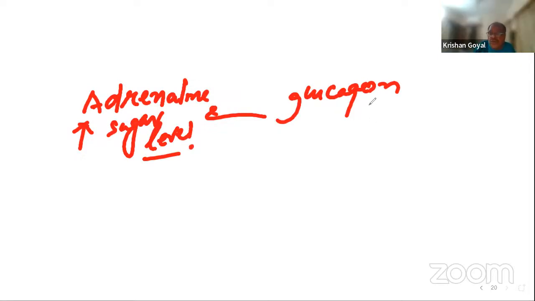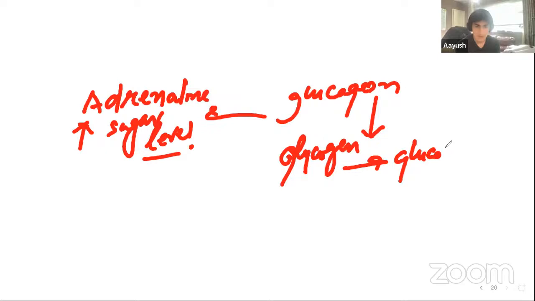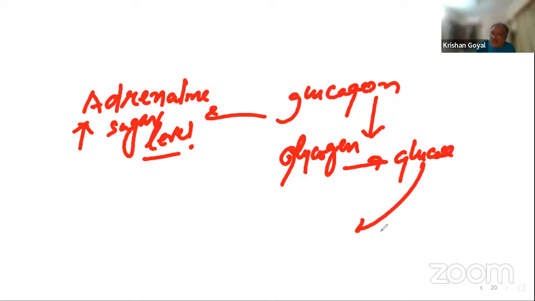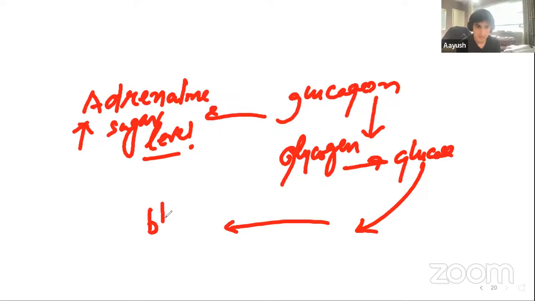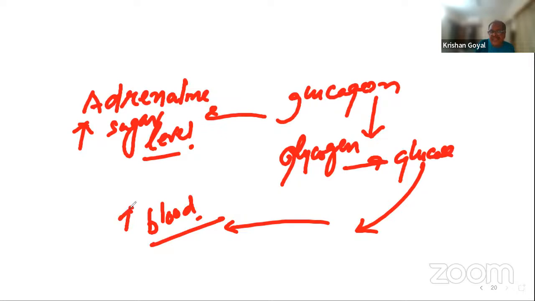Ultimately glucagon, what will it do in the liver cell? Stored glycogen will be converted into glucose. Glucose will come out of the cell and go to the blood, and the level increases.